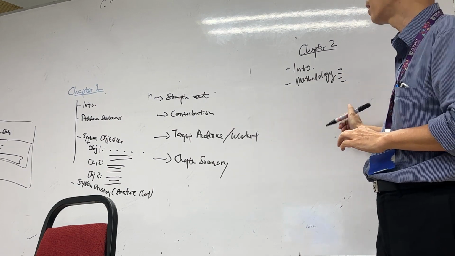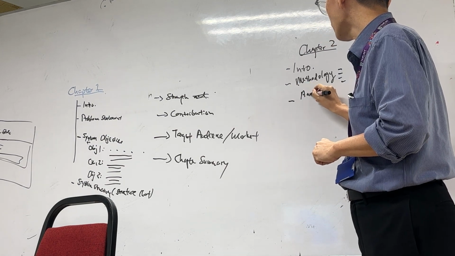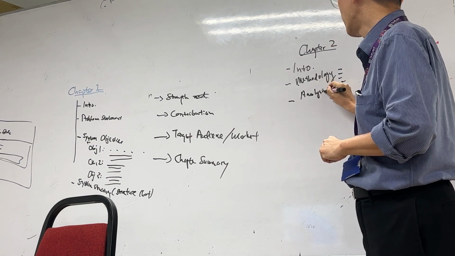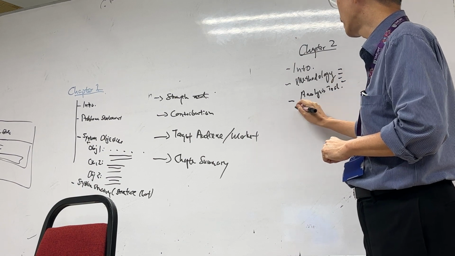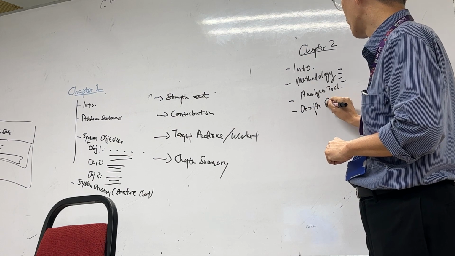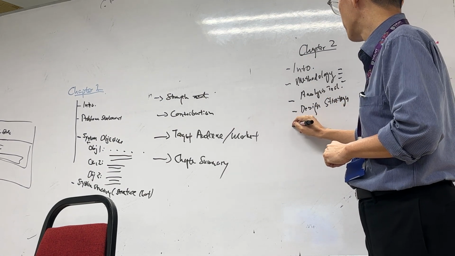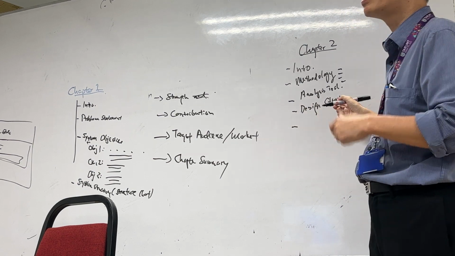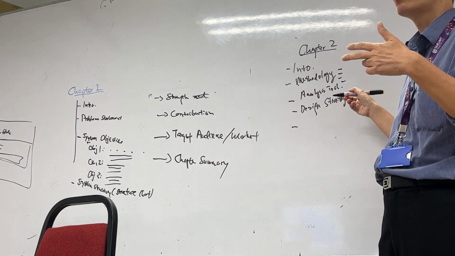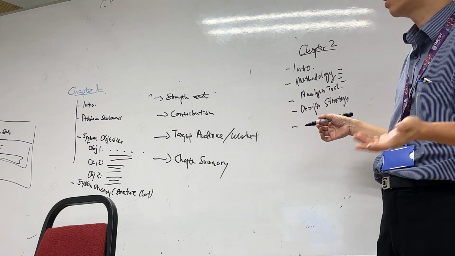And then maybe some analysis techniques, your requirement analysis techniques. Design has many things, such as strategy, interface design, and level design. You can look for any sources: journals, books, websites.